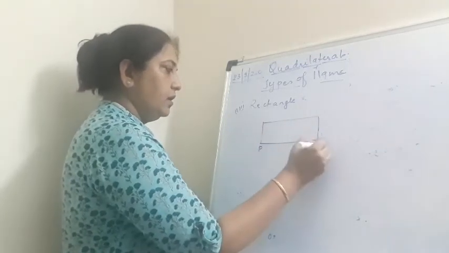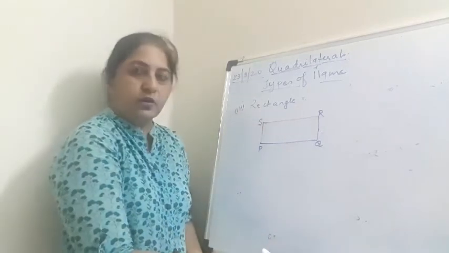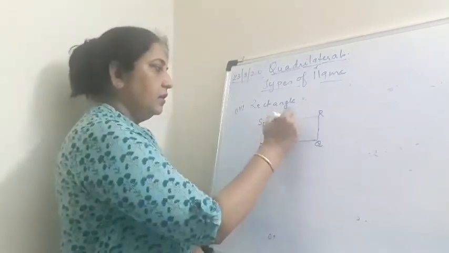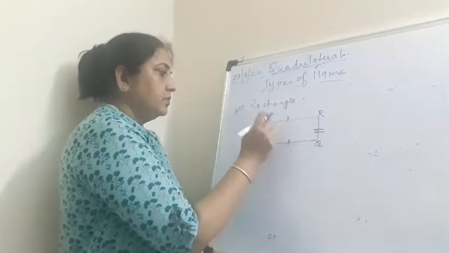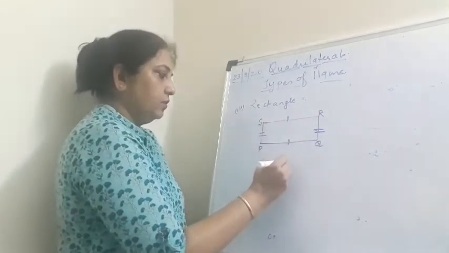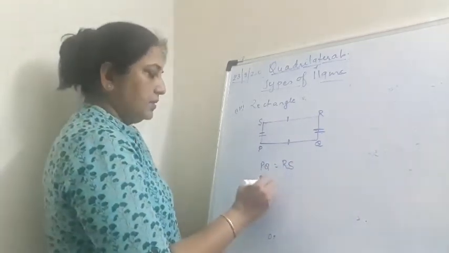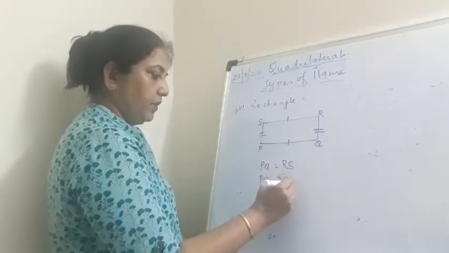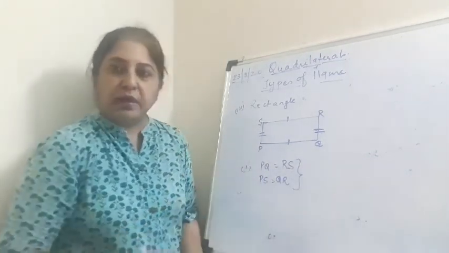Now, PQRS. When we talk about a rectangle, children, you know that opposite sides are equal, right? So PQ is equal to RS, and PS is equal to QR. This is one property of the rectangle which matches the parallelogram.